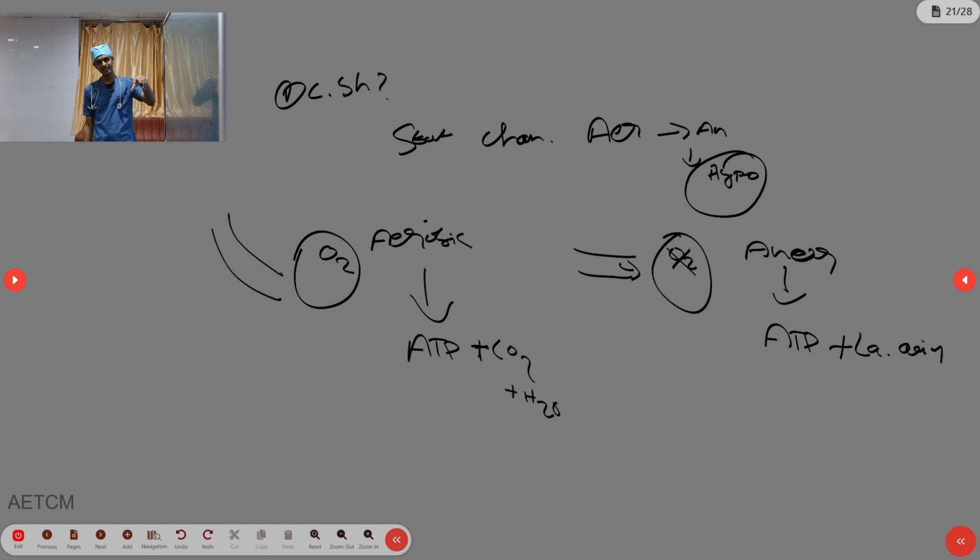That lactic acid will put a person in further complication. That is why we said shock is a state of changing from aerobic to anaerobic metabolism because of hypoperfusion. Hypoperfusion changes the metabolism, that is right, but the end product is the major concern. Lactic acid will cause further worsening of the condition.